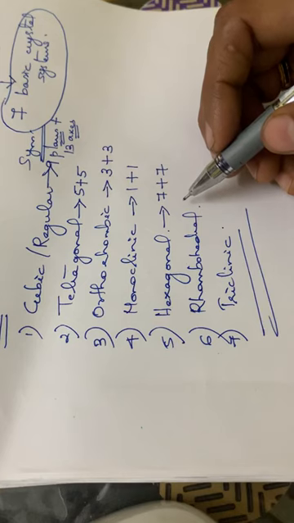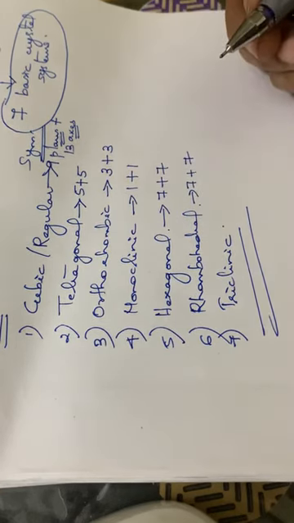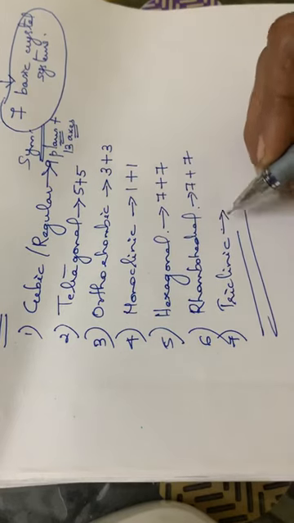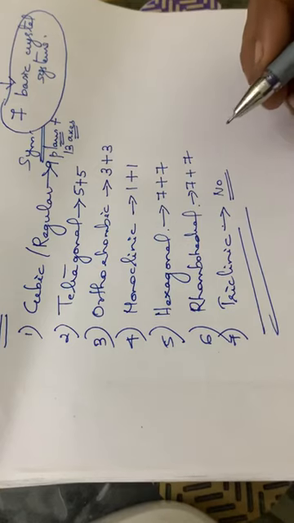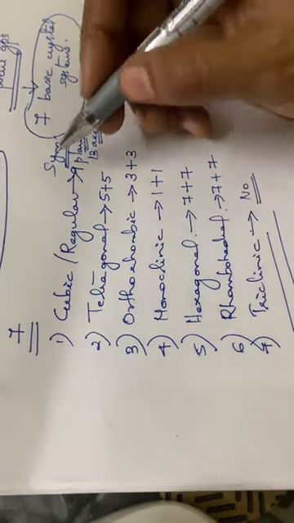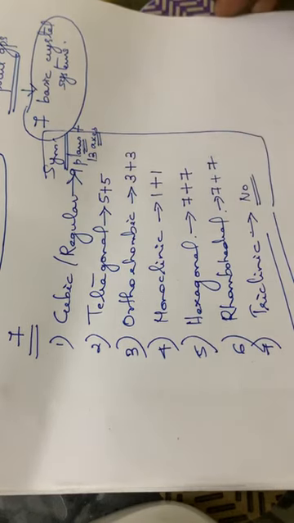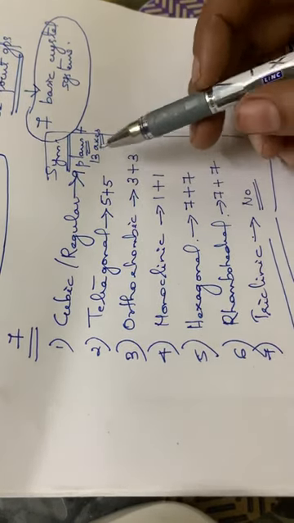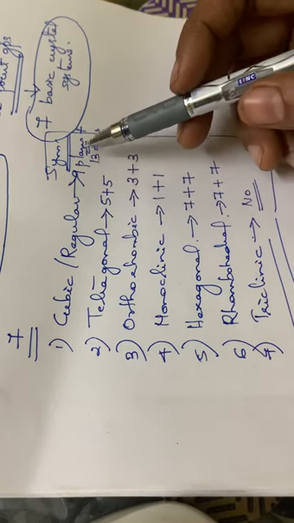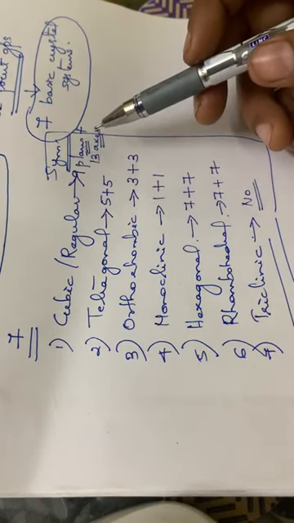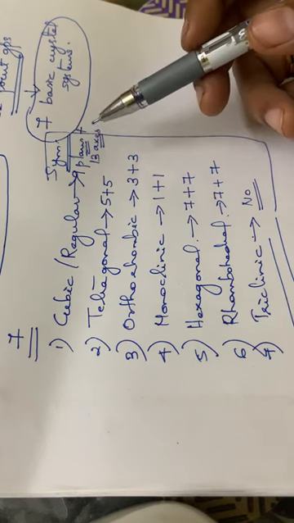For rhombohedral, again 7 planes plus 7 axes of symmetry. For triclinic, there is no plane of symmetry and no axis of symmetry. This is regarding the symmetry elements of all 7 crystal systems. Only the cubic system has 9 planes and 13 axes of symmetry.